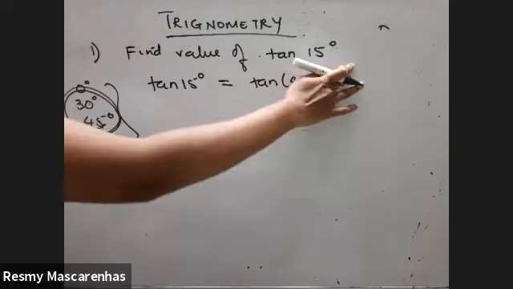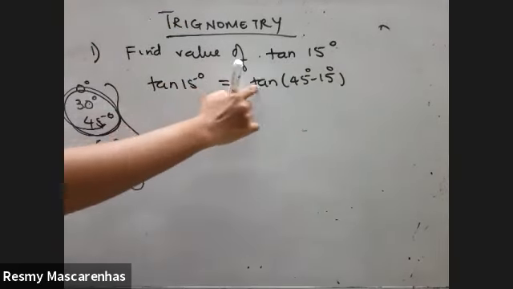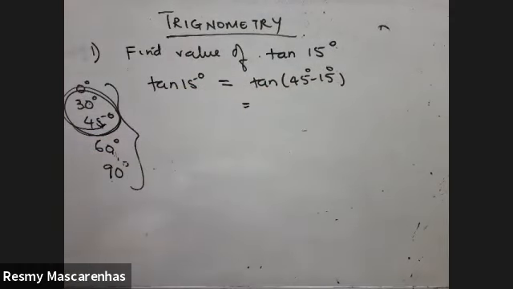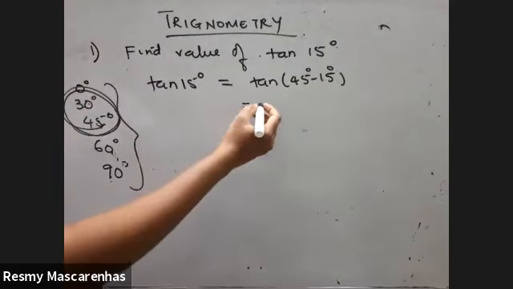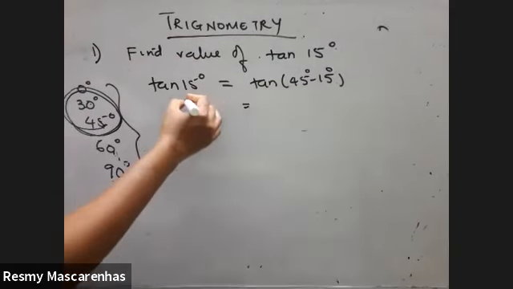Okay, you can do it. And now, which formula is this? Tan of a minus b. I'm not giving you all the formulas again and wasting my time. So that you should already have. What is tan of a minus b? Tan a minus tan b upon 1 plus tan a tan b.